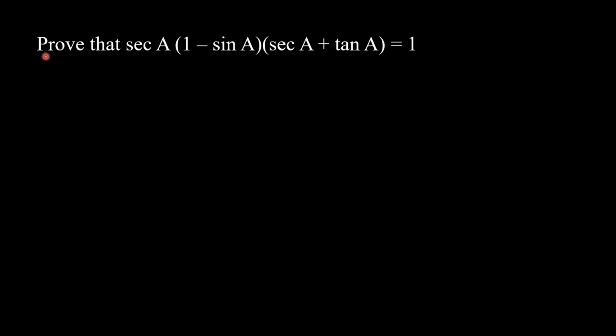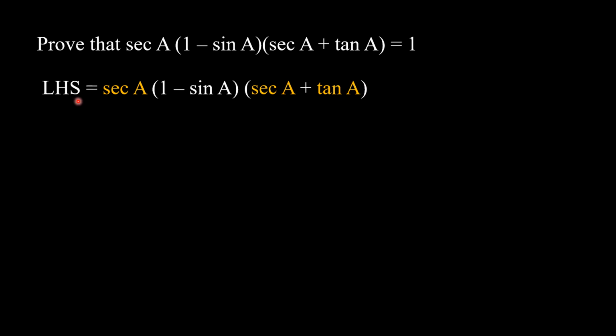We have to prove that sec A multiplied by 1 minus sin A multiplied by sec A plus tan A equals 1. First we will solve the left hand side and we will show that this left hand side equals 1. So we write the left hand side first.